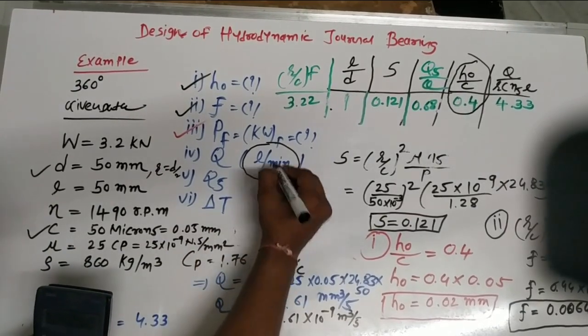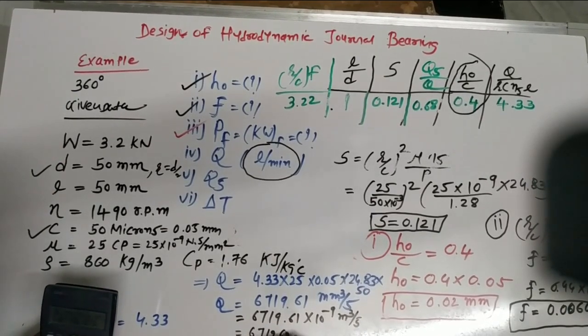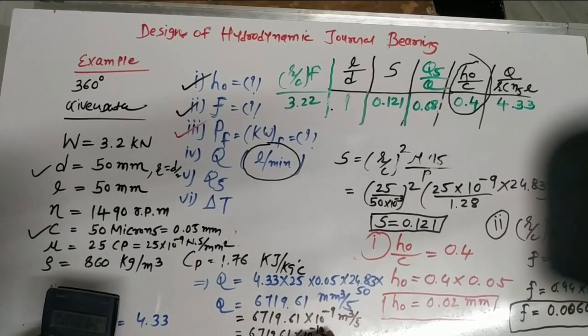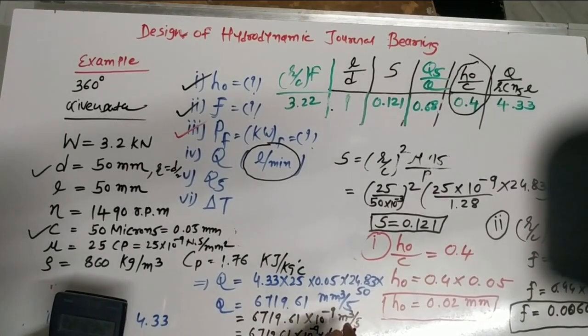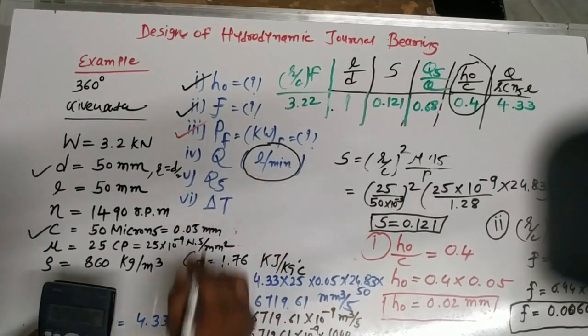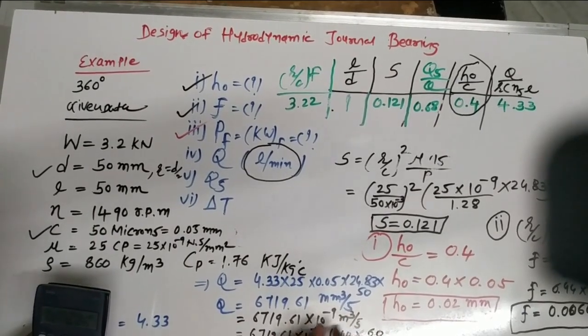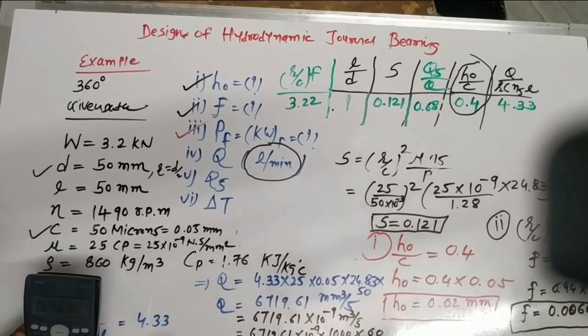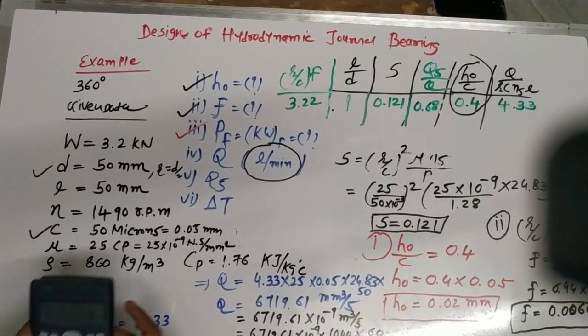This answer is in meter cube per second, so from meter cube to liter we multiply by 1000, and it is in seconds, so we multiply by 60 to get the answer in liter per minute.